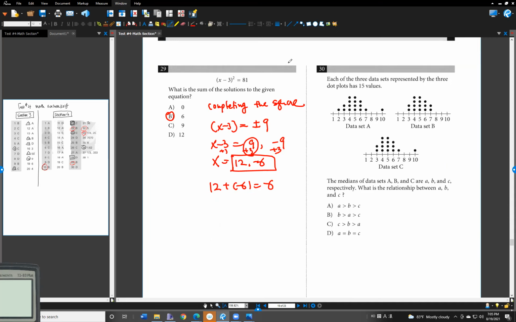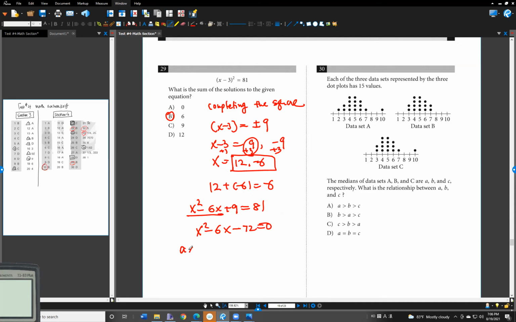In this case, better to use sum and product. When you expand this, x squared minus 6x plus 9 equals 81. x squared minus 6x minus 72 equals 0, right? But actually, from here, we can get the answer. The sum of the roots is how much?